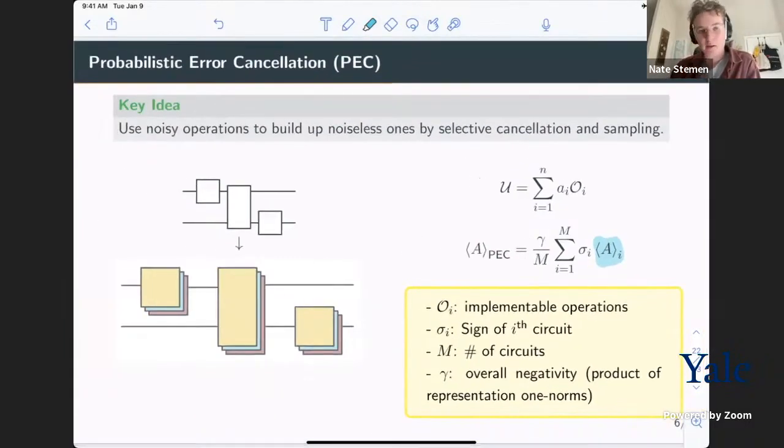And you have to add in some of these other factors that I don't want to dive too deep into, but happy to answer questions if people ask about that. But yeah, you can create this estimator, which is really nice because it theoretically is a zero bias estimator. So as long as you take your statistics large enough, you're going to get an estimator which converges on the ideal expectation value. That wasn't the case with zero noise extrapolation. You definitely are going to accrue some bias.